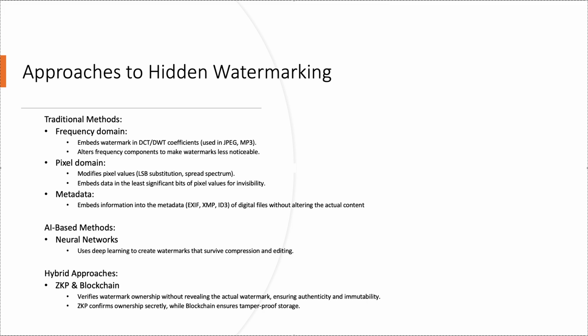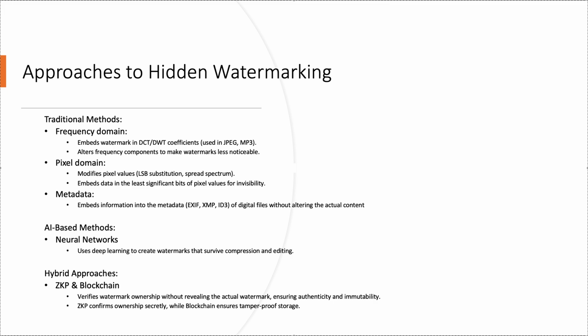They can survive aggressive JPEG compression, cropping, rotation, color adjustments, even screenshots and re-photographs of screens. The network learns to hide information in patterns that persist through these transformations. Companies like Google and Meta are investing heavily in this approach, especially for watermarking AI-generated content to combat deepfakes and misinformation.